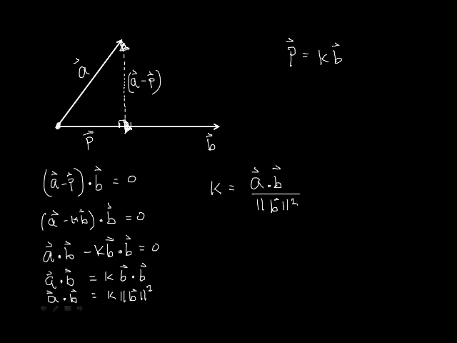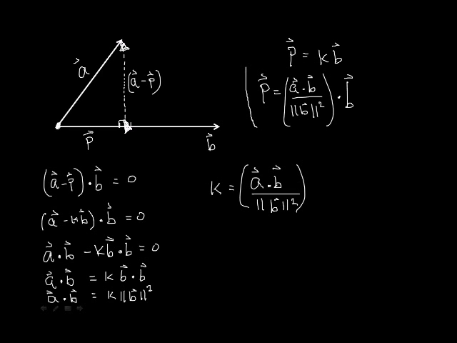Now we've just found the value of K. This is a number, this is a scalar, and it's the number that when we multiply this B up here, it will give us the value of P. It will give us vector P. So P, vector P, is really just A dot B divided by magnitude of B squared times the vector B. That's how we find the projection of A onto B.